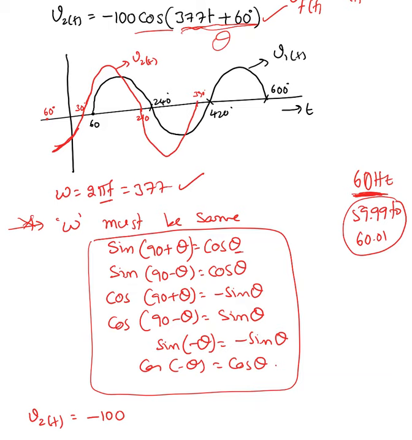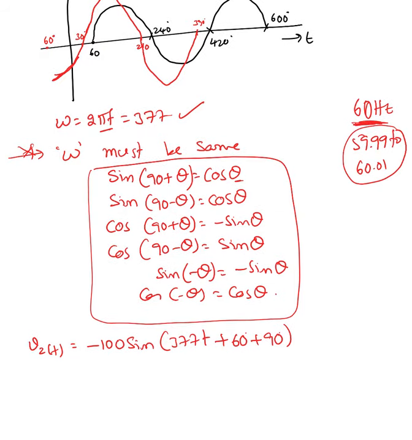So minus 100 cos of 377t plus 60 plus 90. Sorry, this must be in sine, since I converted this into sine. So now V2 of t is in sine: V2 of t equals negative 100 sine of 377t plus 150 degrees.